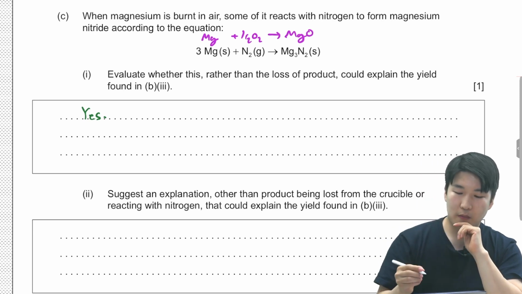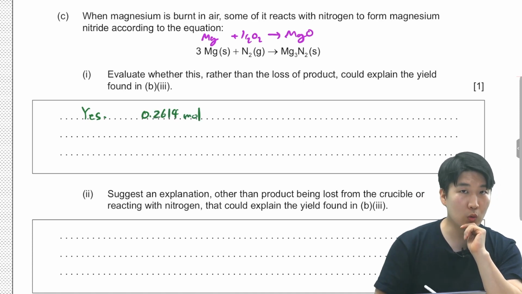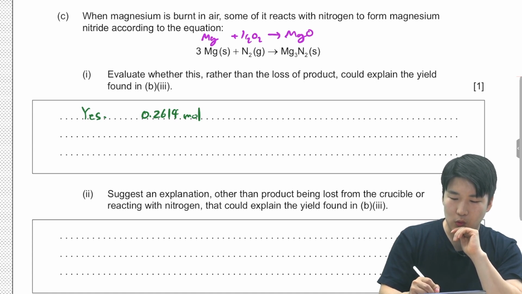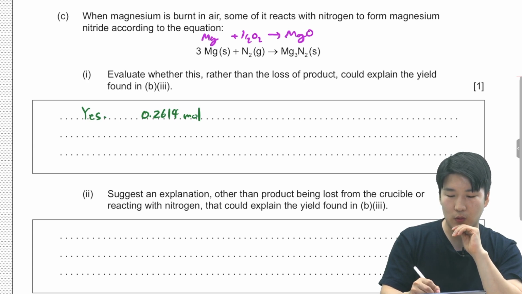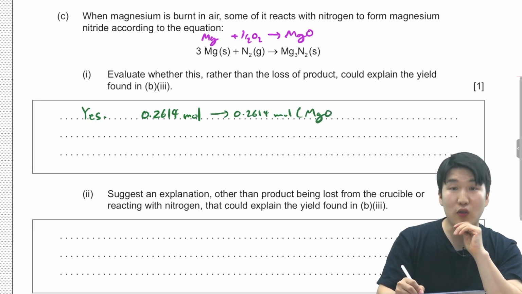Well, because if we have used 0.2614 mole of magnesium, we will have used 0.1307 mole of oxygen to produce 0.2614 mole of magnesium oxide.